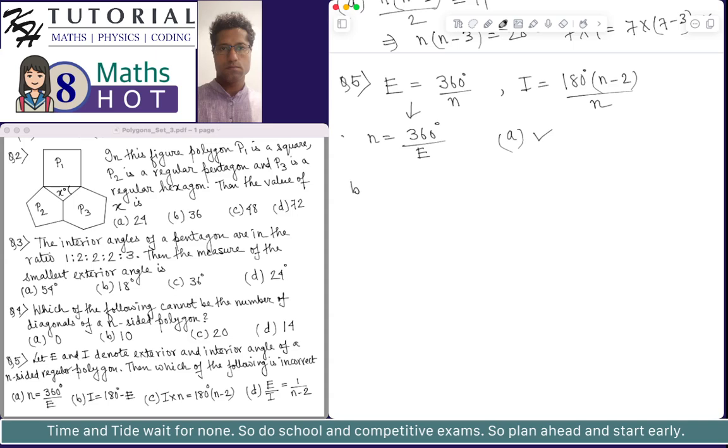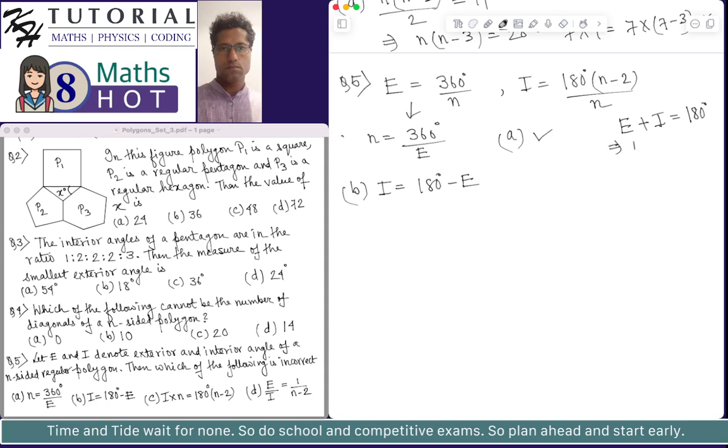What is B? B is saying that I is equal to 180 degree minus E. Since the polygon is regular, all the exterior angles will be equal to E and all the interior angles will be equal to I. Since an exterior angle and its corresponding interior angle, their sum is always equal to 180 degree, we must have E plus I is equal to 180 degree.